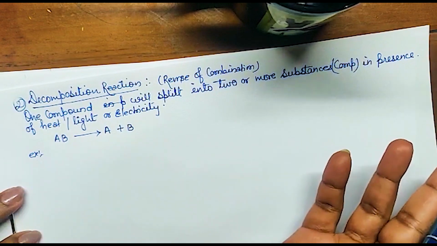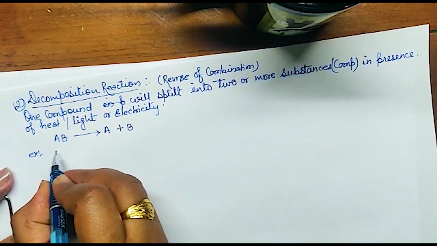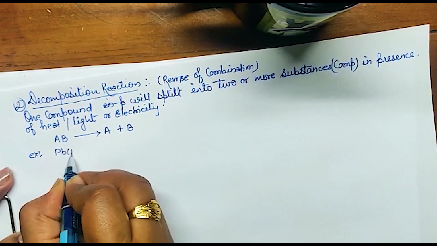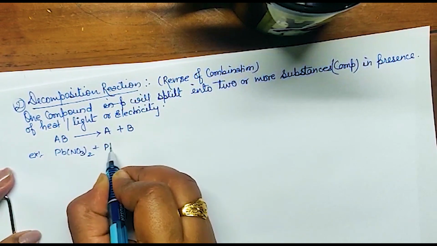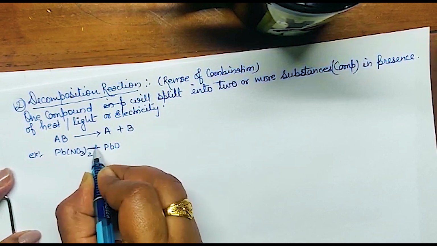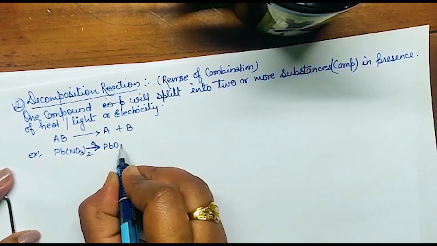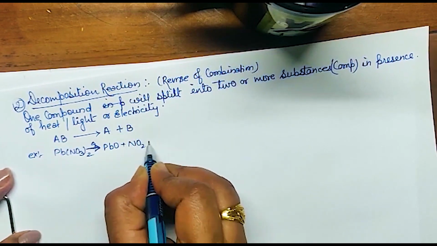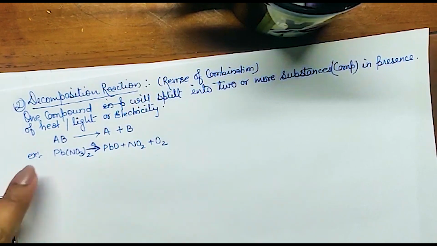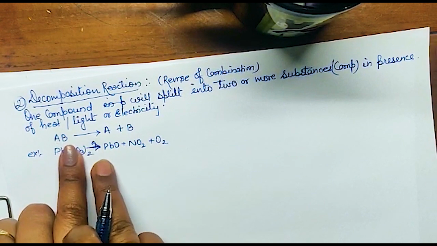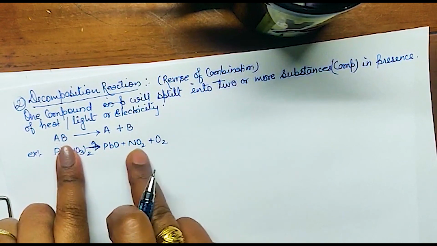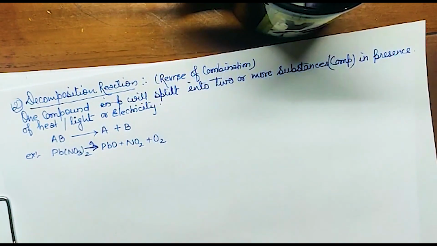Right now I have given this example. PbNO3: when PbNO3 is heated, it gives PbO plus NO2 plus O2. Here is a single reactant, and on heating, as a result, it gives three different compounds. Got it?